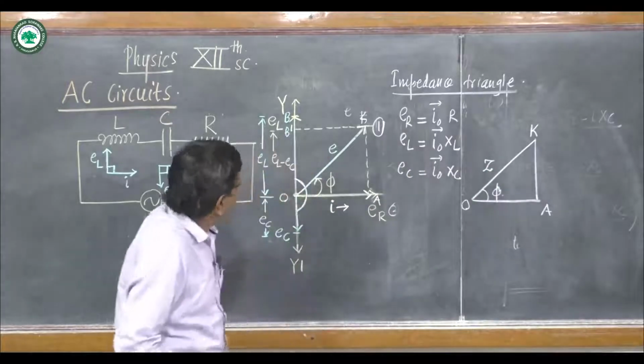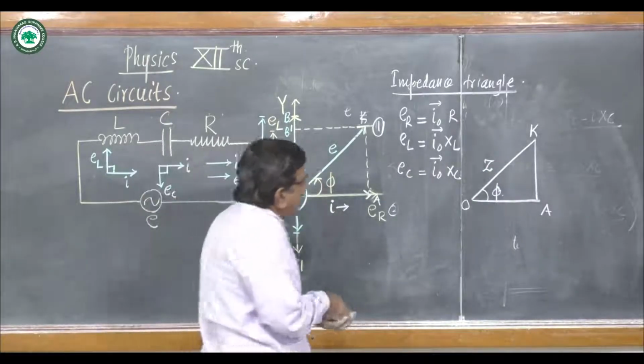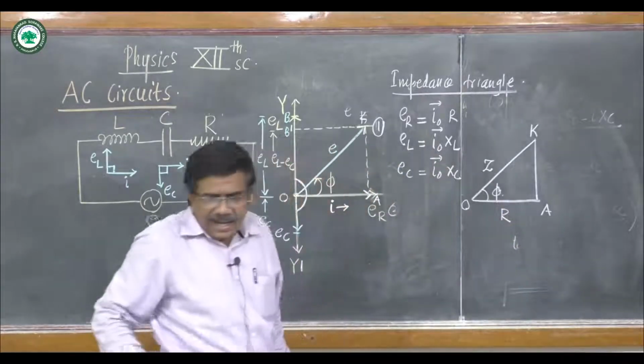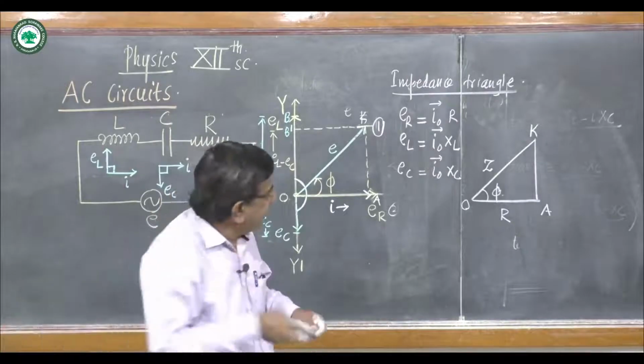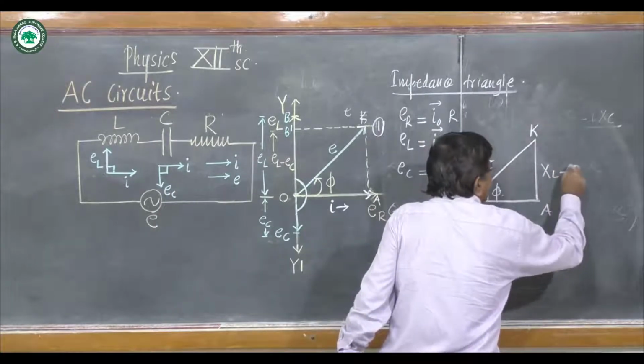This OK represents the impedance Z, this OA represents the resistance, and this AK represents the reactance, that is XL minus XC.